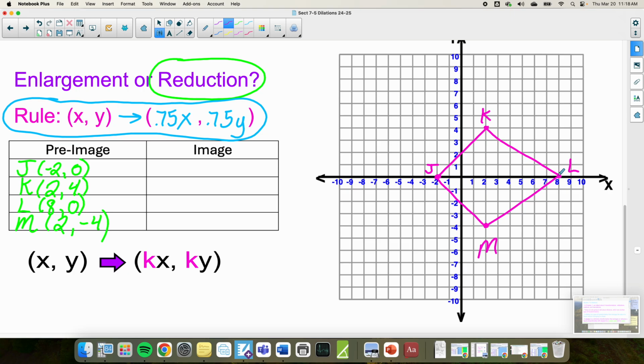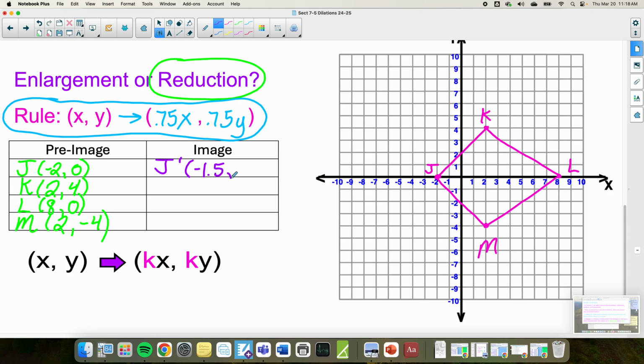Now, what I'm going to do next is look at this figure over here, and I'm going to specify what my new J prime is, okay? So again, you're going to take -2 and multiply it by 0.75. And when you do that, that would be what? -1.5?